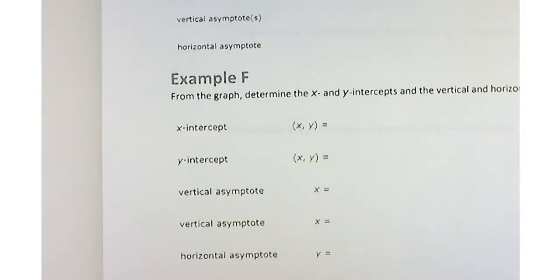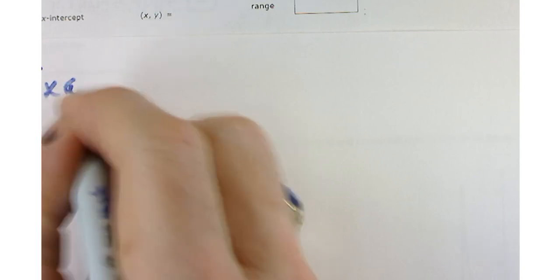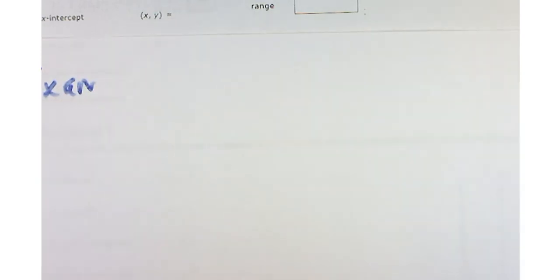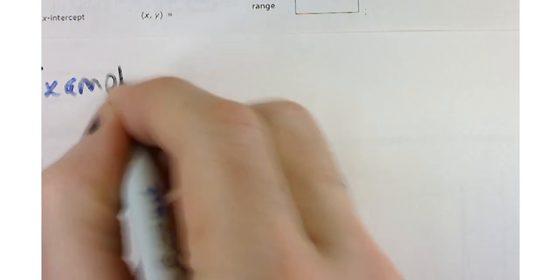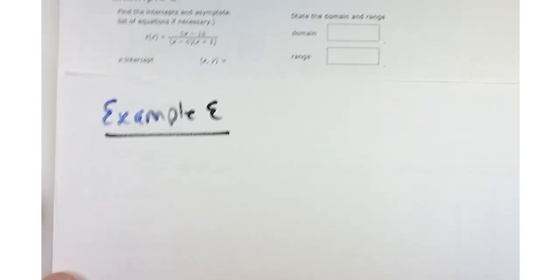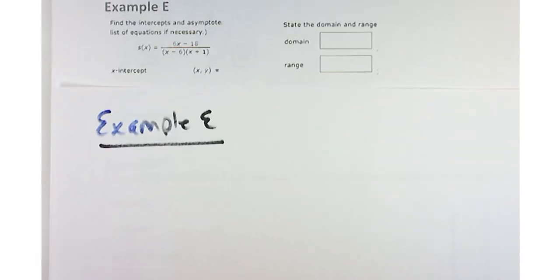Let's move on to example E. I'm going to want your help on this one. I think the most important feature of your rational functions is the vertical and horizontal asymptotes.